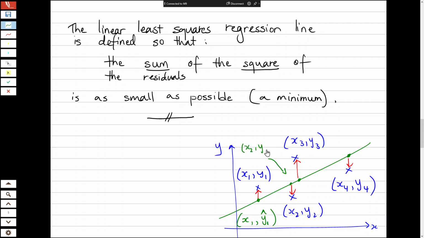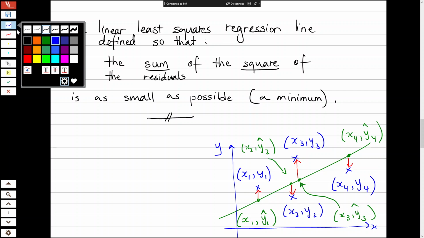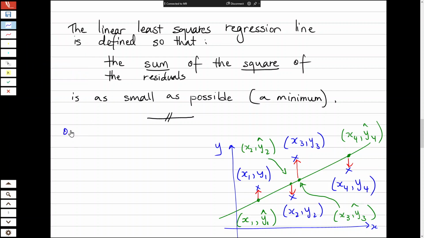So what I want you to note is that the x values are the same, but the y values in green and blue are different. So the original values I'm going to call y1, y2, y3, and y4.